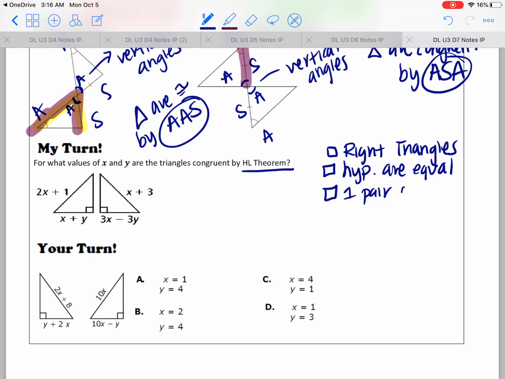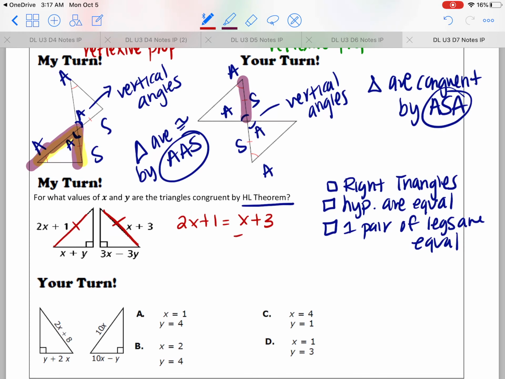And at least one pair of legs are equal. So I need to set the two hypotenuses equal to each other so that I can know the value that x needs to be in order for these triangles to be congruent by HL.